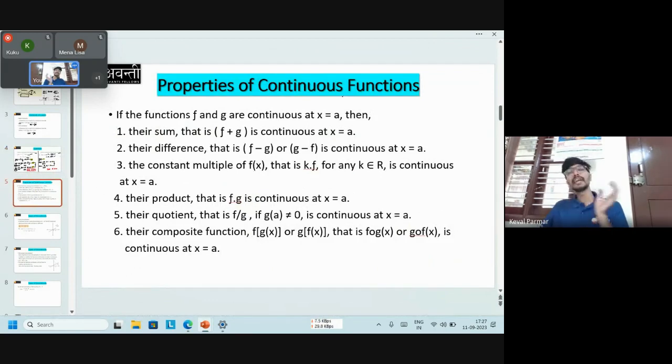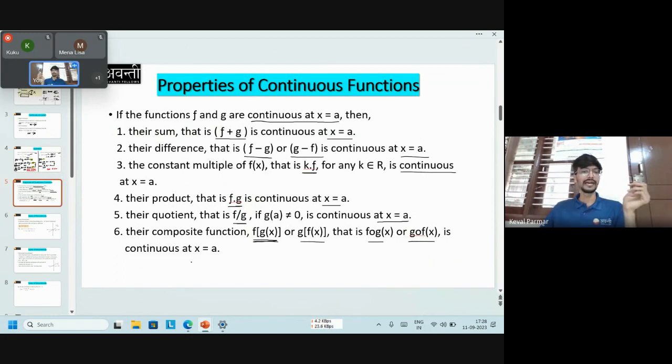That means if I have two functions, f and g, and both are continuous at x equals a, then this means f plus g is continuous, f minus g or g minus f is continuous, k into f, any constant multiplied by f, is continuous, f into g, the product, is continuous, their division is continuous, and their composite functions, fog and gof, are continuous.